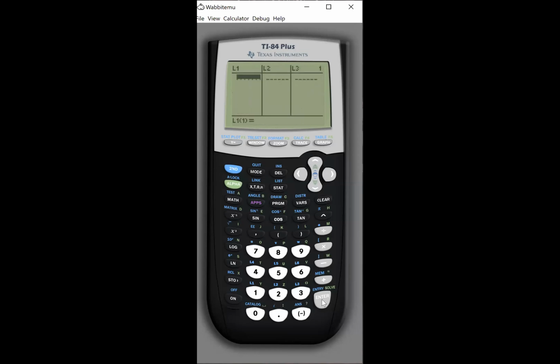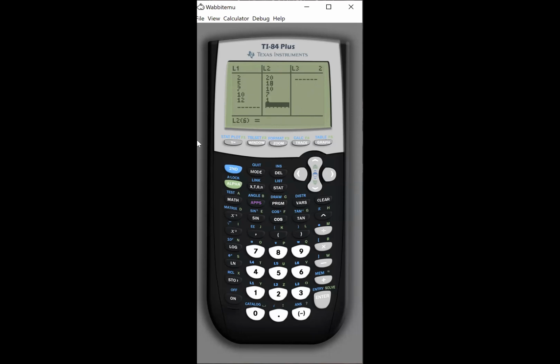Right. So we want to put 2, 5, 7, 10, and 12. And then for L2, we do 20, we do 18, you go 10, you go 7, and you go 1.